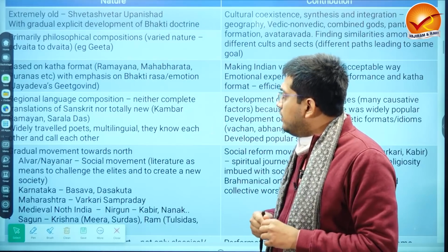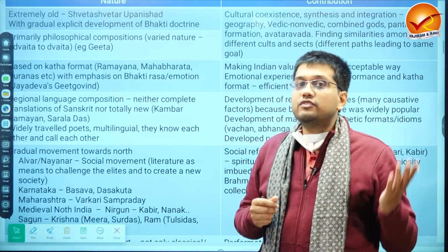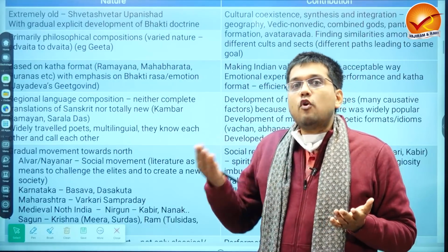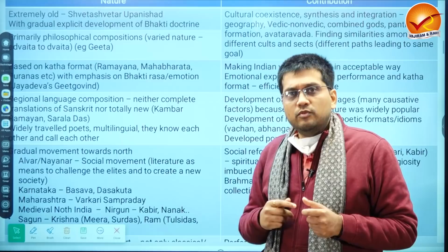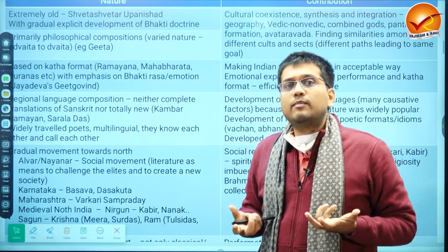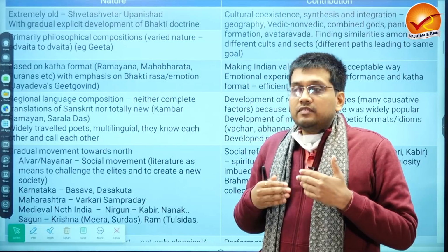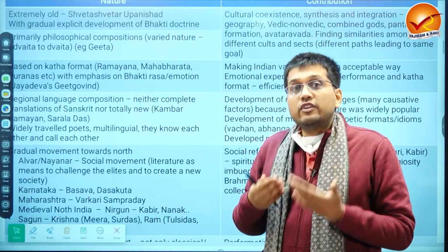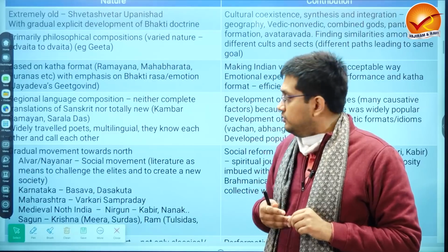This Bhakti literature in the regional languages is not completely original, yet not completely copy-paste. They are not translations, like Kamba Ramayana or Sarla Das in Odisha, they are not translating Ramayana and Mahabharata. They are writing their own versions of the original story. So there is that part of nature also.